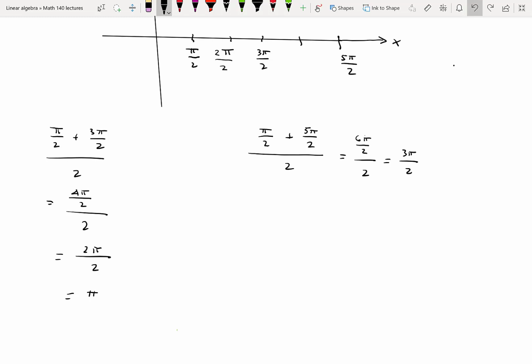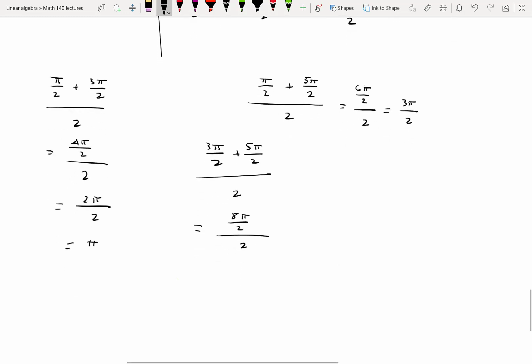Suppose we don't want to use that trick. To get the point exactly between 3 pi over 2 and 5 pi over 2, you take 3 pi over 2, the point on the left, plus the point on the right, and divide by 2. So 3 pi over 2 plus 5 pi over 2 is 8 pi over 2. Then divide by 2. 8 pi over 2 is 4 pi. Divide by 2. 4 pi over 2 is 2 pi.